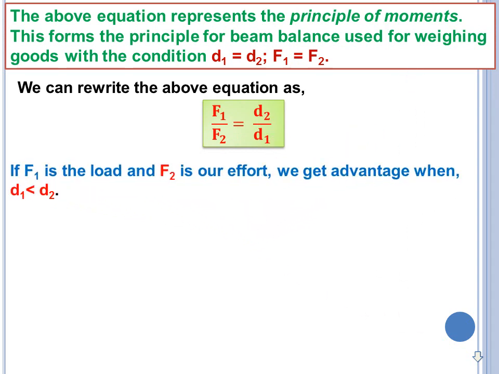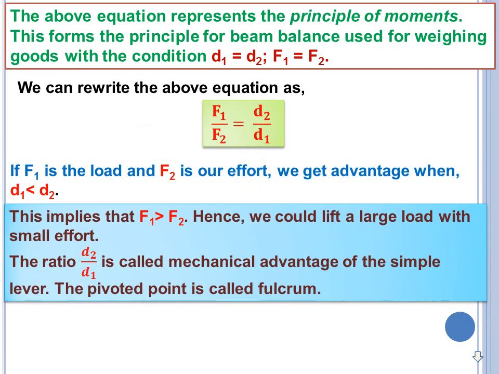If F1 is the load and F2 is our effort, we get an advantage when d1 is less than d2, and this implies that F1 is greater than F2. That means the force at one point F1 is greater than the force at the other point F2.